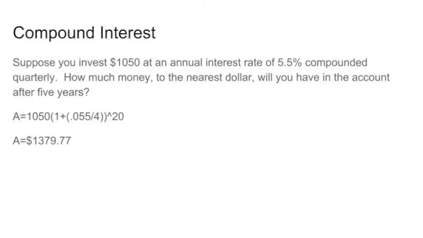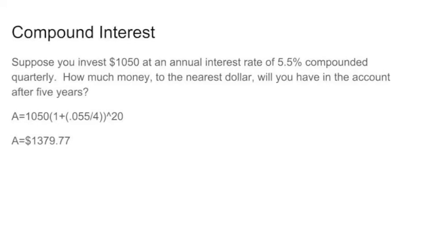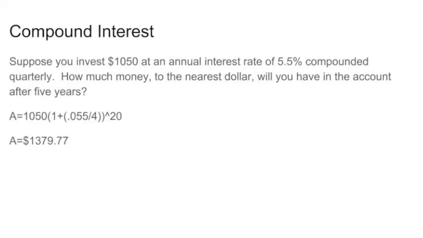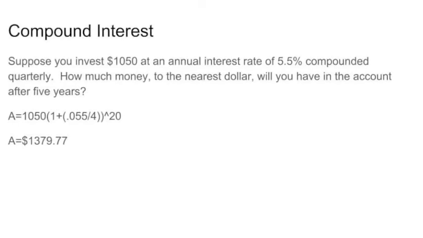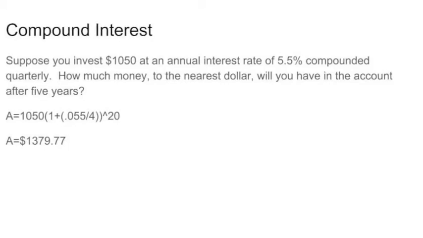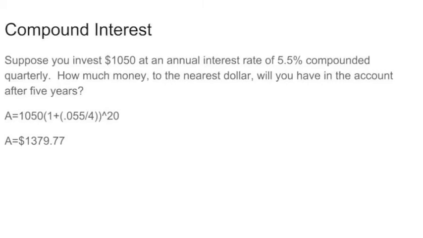So A, or y, equals our initial value, $1,050, times parentheses 1 plus r, so that percentage as a decimal is 0.055, divided by n. n is the number of times it's compounded in a year. Quarterly, there are 4 quarters in a year, so that's where my 4 came from. And we're going to raise it to the power of n times t. Well, n is 4, and since time is 5 years, 4 times 5 is 20.